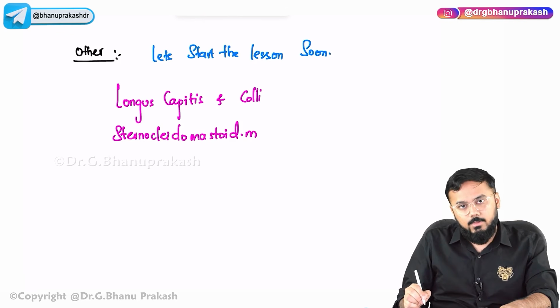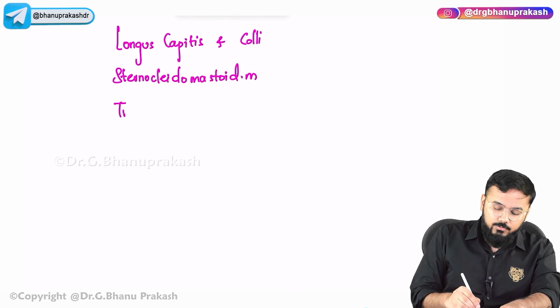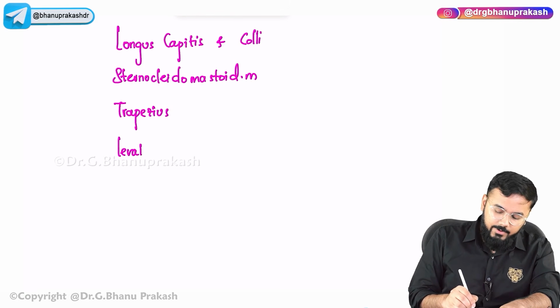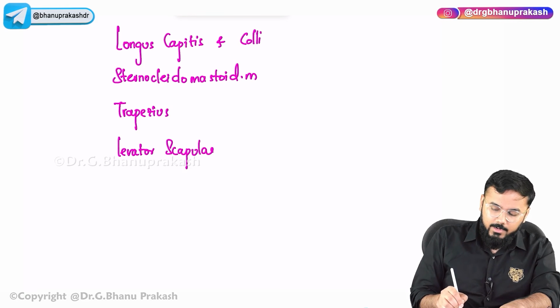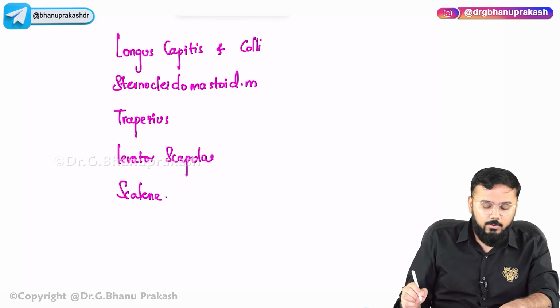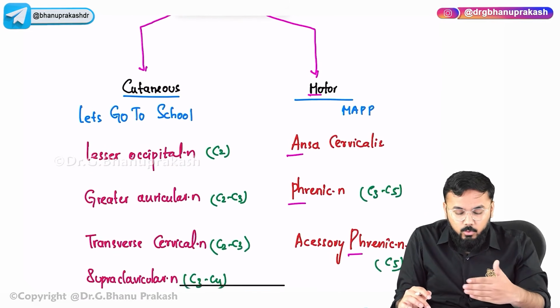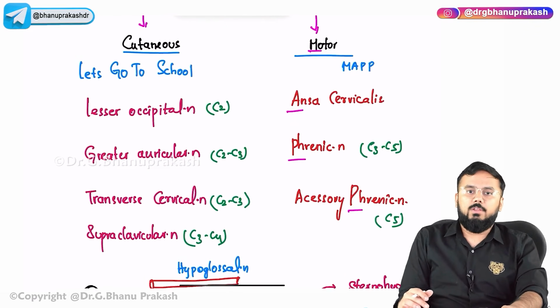T stands for trapezius muscle. L stands for levator scapulae. And finally S stands for scalene muscles. Okay. So these are all the other muscles that are innervated by this cervical plexus.